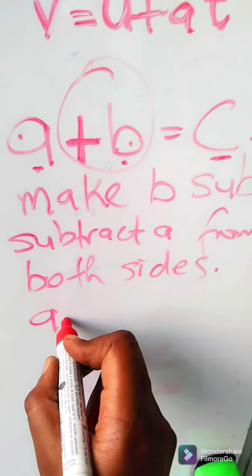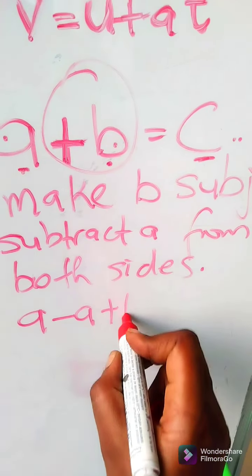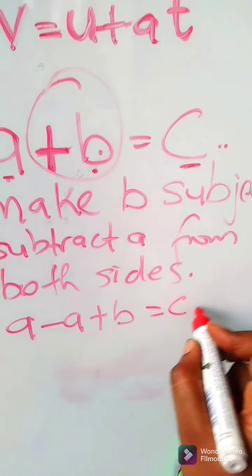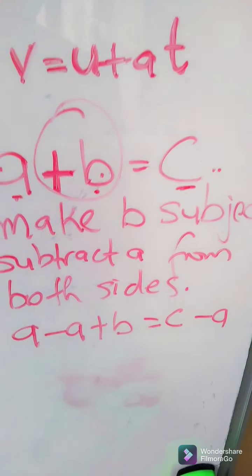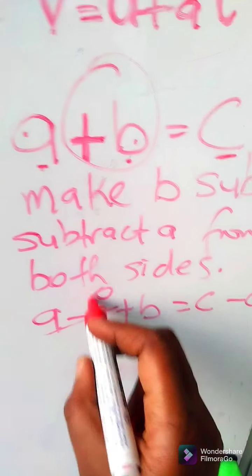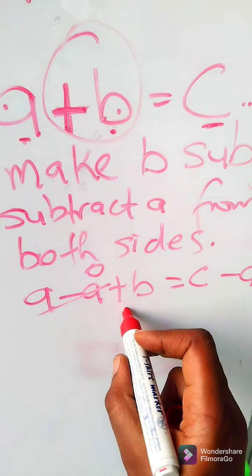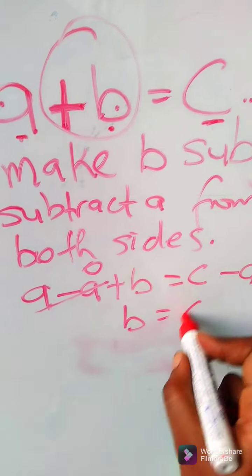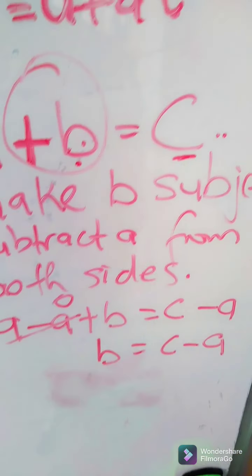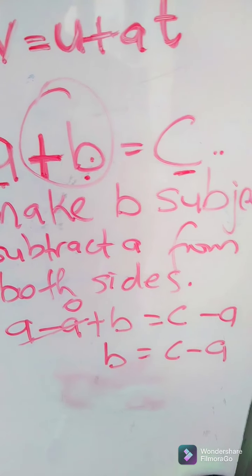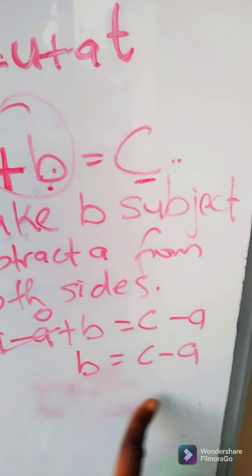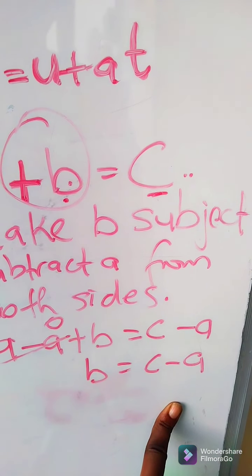So we say A minus A plus B equal to C minus A. A minus A will give us 0, leaving us with B equal to C minus A. So when B is the subject of this formula, this is the expression.